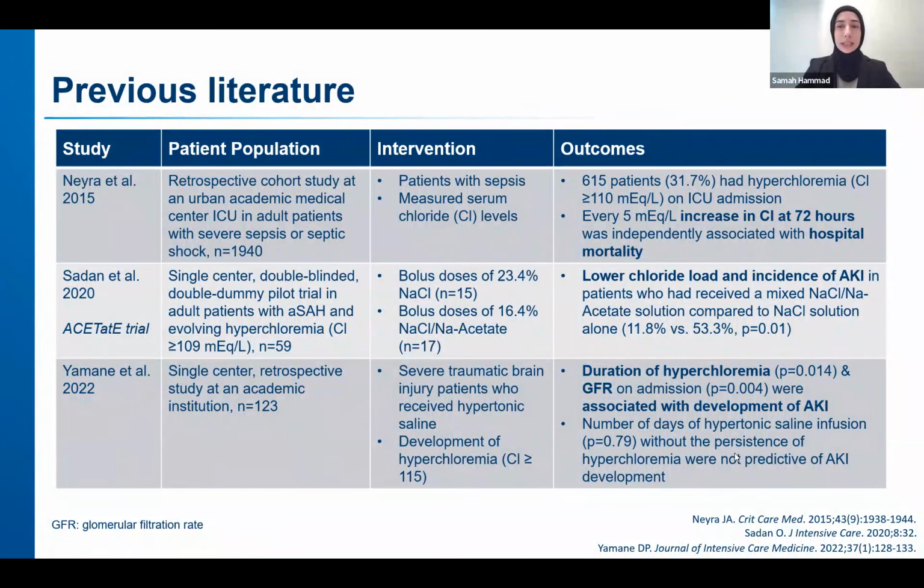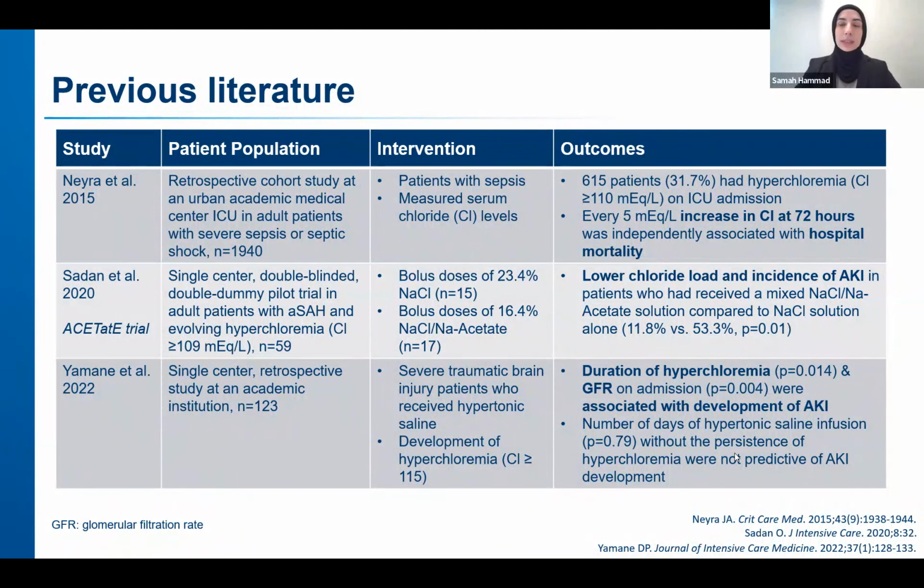This was kind of the first study to prospectively look at the relationship between hypertonic sodium chloride content and its effect on serum electrolytes and renal function in patients with aneurysmal subarachnoid hemorrhage. Investigators found a lower chloride load and incidence of AKI in patients who received that mixed buffered solution. However, this trial was underpowered due to a small sample size of 59 patients.